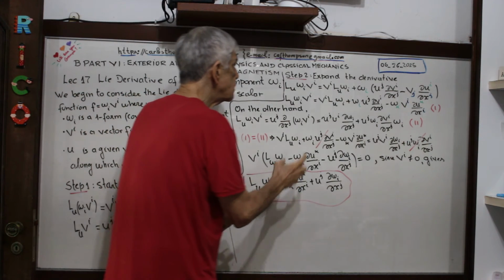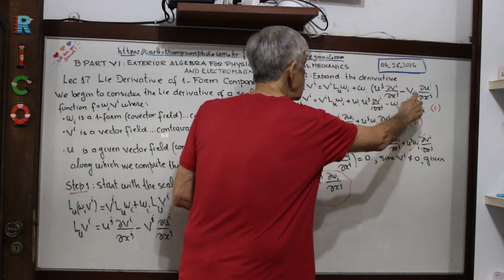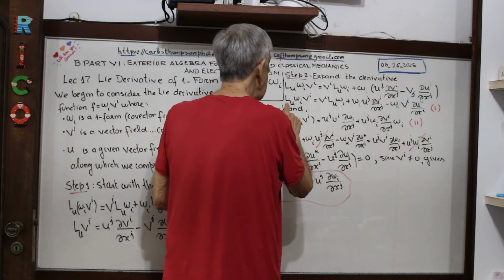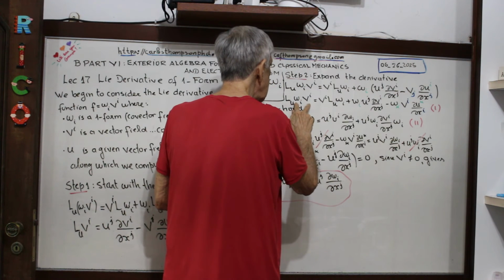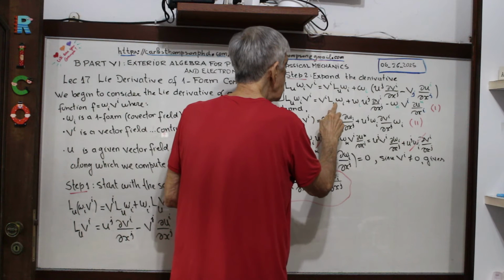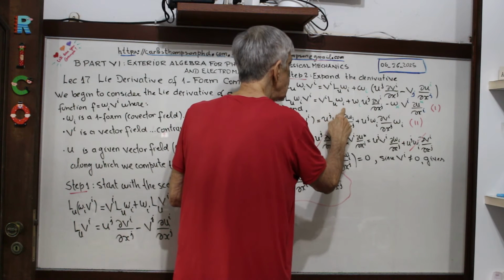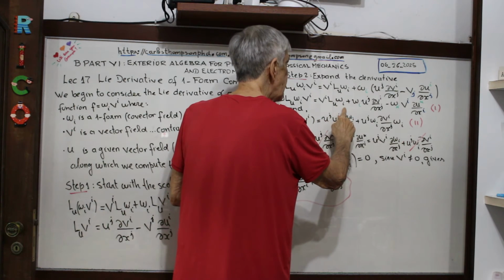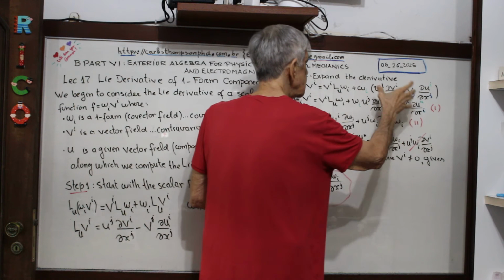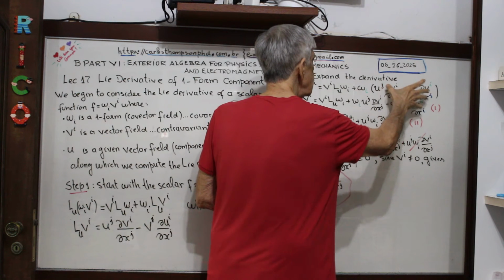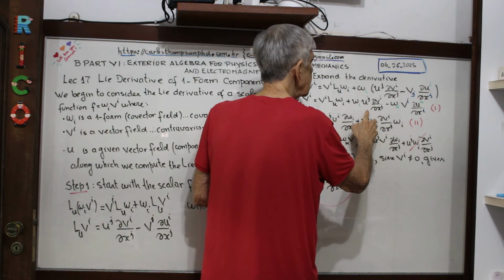I just substitute over here. So, the derivative of this scalar function is v^i, the derivative of u of omega_i.